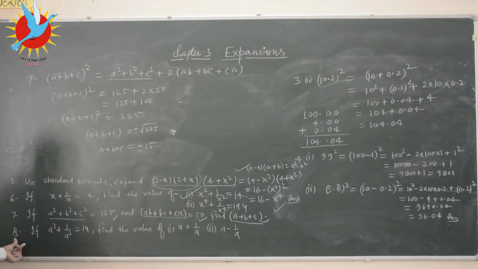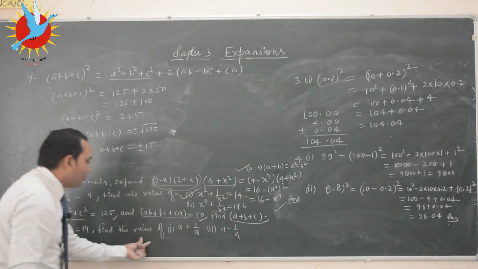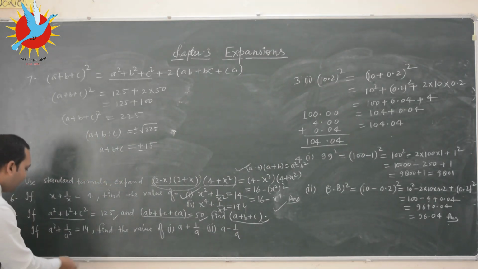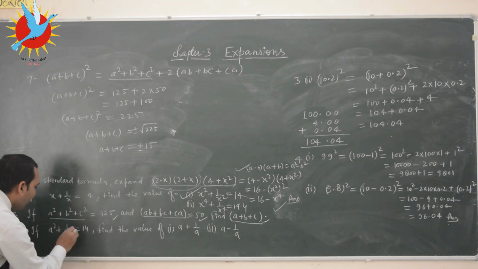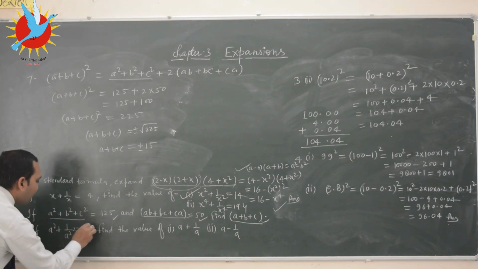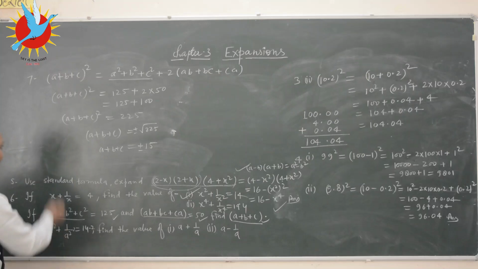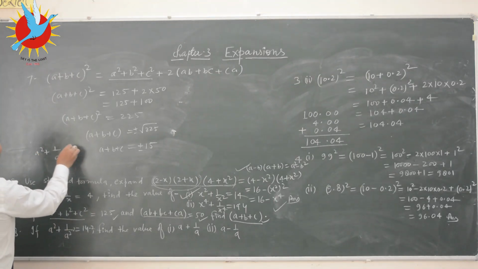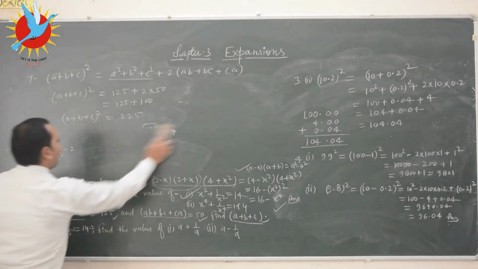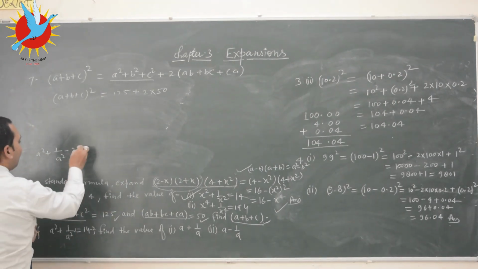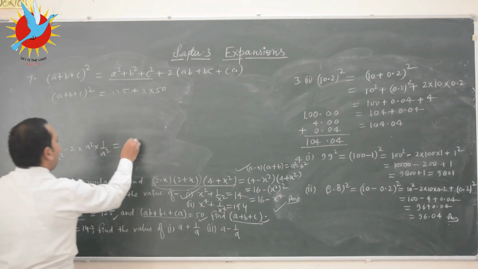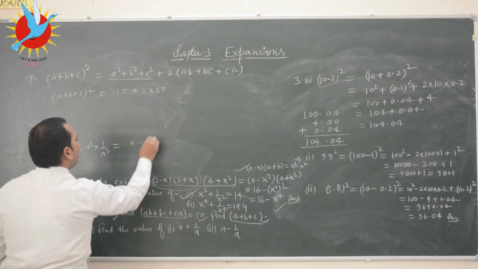And similarly, question number 8: if a square plus 1 upon a square is equal to 14, find the value of a plus 1 upon a and a minus 1 upon a. So we subtract 2 from both sides, because a square plus 1 upon a square minus 2 times a into 1 upon a is equal to (a minus 1 upon a) whole square.